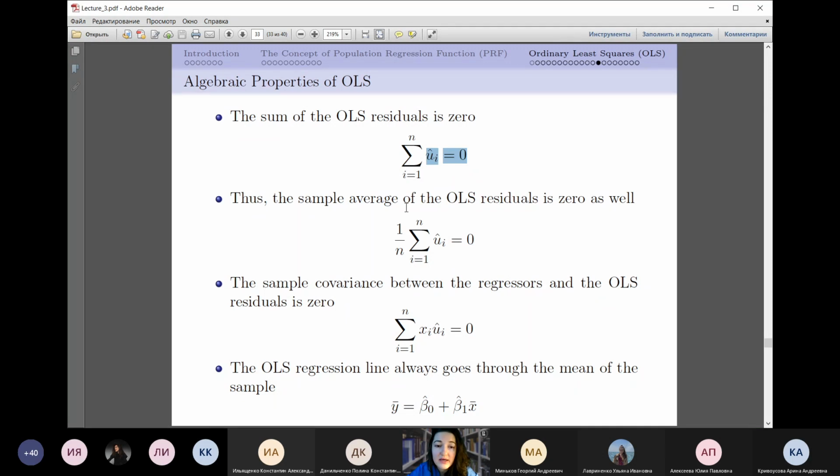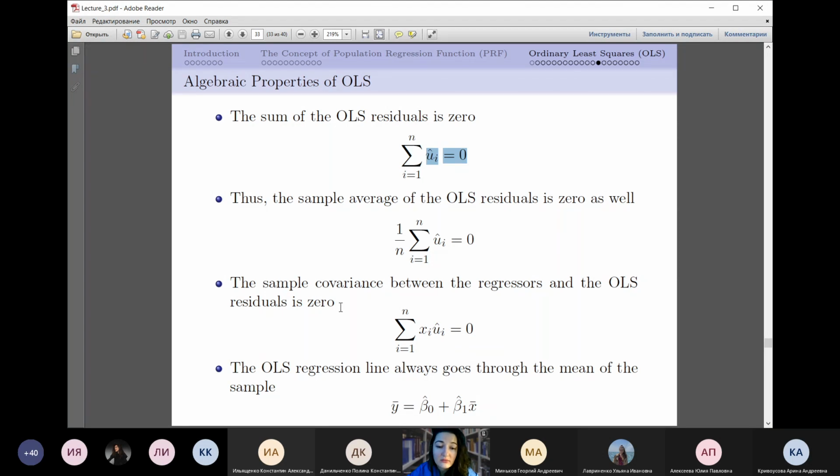The second property is that the sample average of the ordinary least squares residuals is 0 as well. This is obvious. And the sample covariance between the regressors and the ordinary least squares residuals is also 0. And the ordinary least squares regression line always goes through the mean of the sample. So it means that the mean value of x and the mean value of your dependent variable are always on the ordinary least squares regression line.